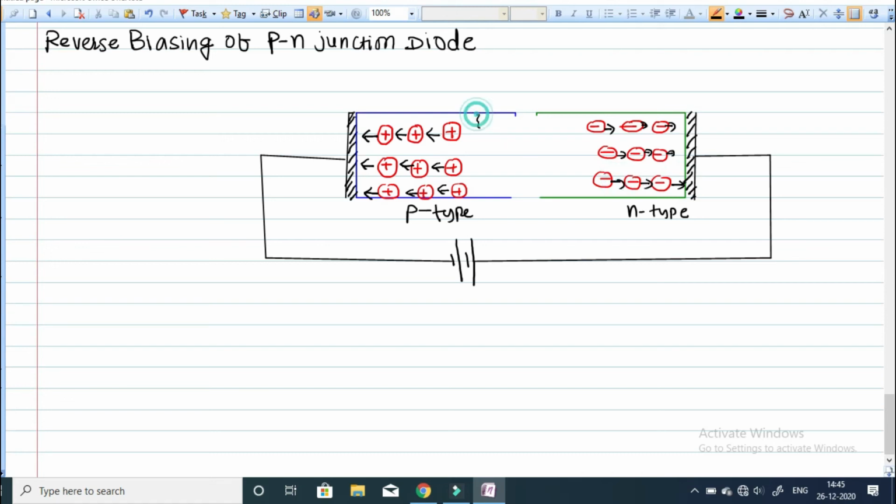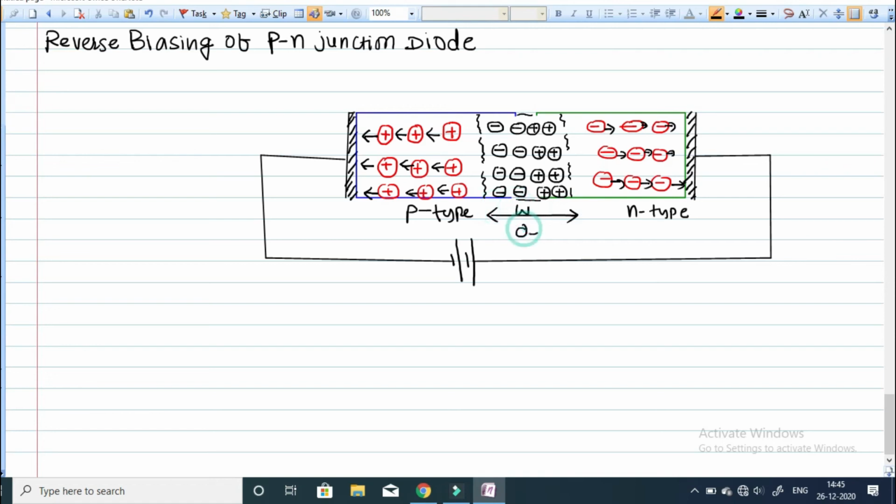Due to thermal diffusion, if some of the electrons and holes cross the junction, they will cancel the effect of each other. So here you get a charge free region, because electrons and holes cancel each other out. During reverse biasing, this region is free from any charge, and you get a region known as the depletion region, whose width is more.